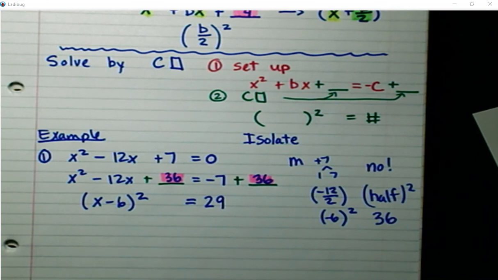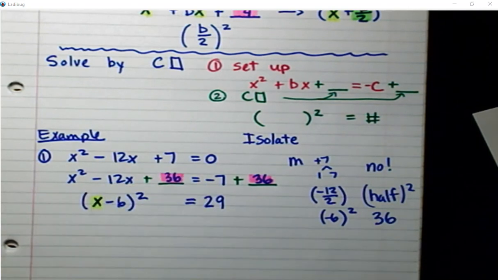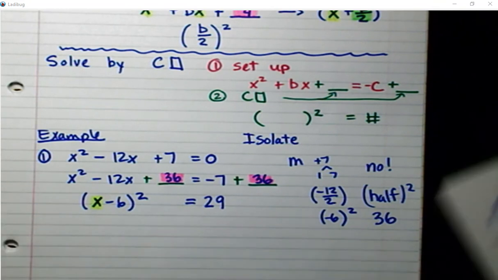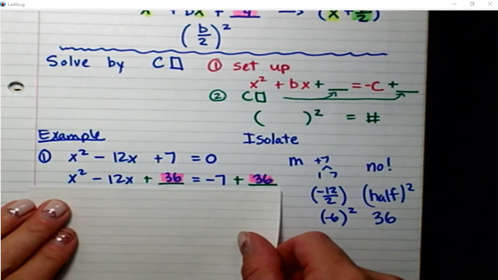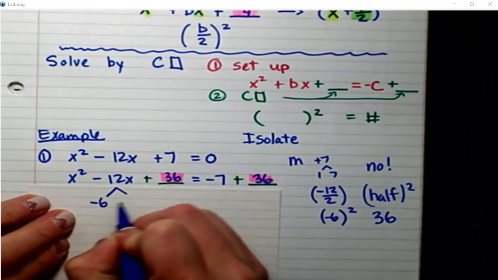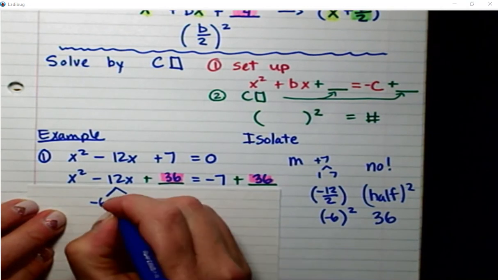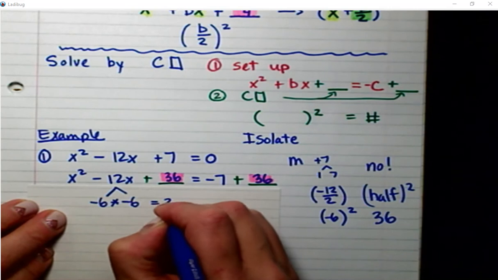Okay, right back to isolate the x, which we've just been doing. Yes. How did you get 36? Okay, good question. So let me do this for you. I'm going to take 12 and split it into 2 equal parts. Multiply them together.